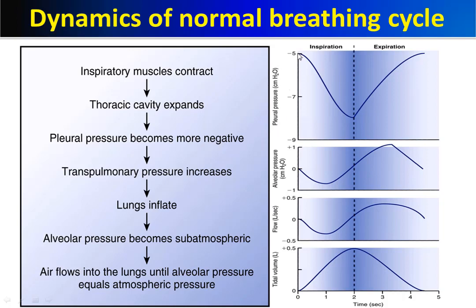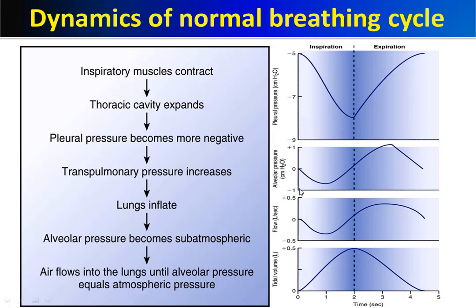At the end of normal resting eupneic expiration it is -5 centimeters of water, and during inspiration it reaches -8 centimeters of water, and during expiration it returns to its pre-inspiration level.